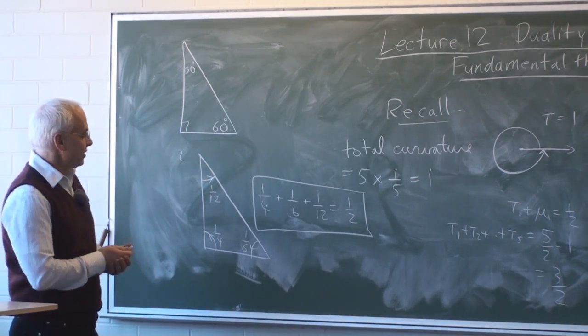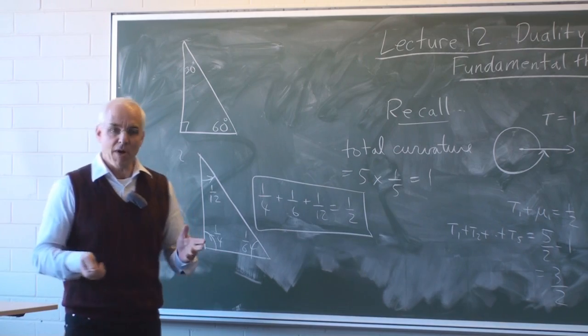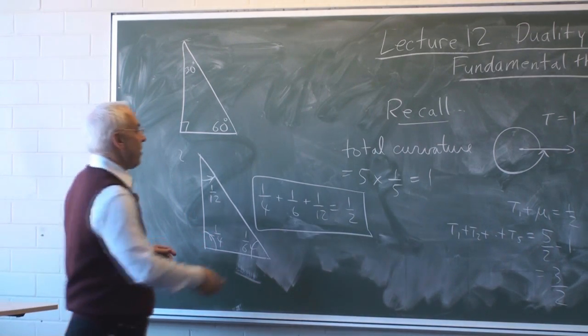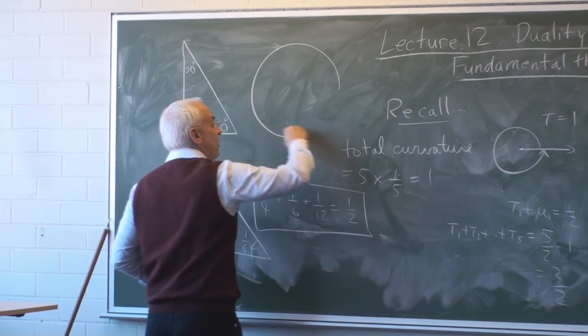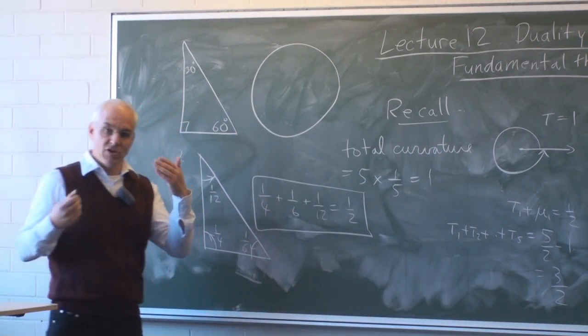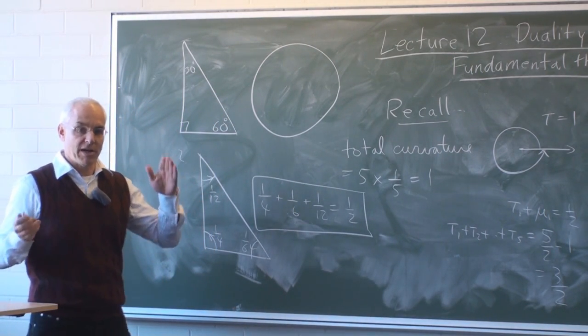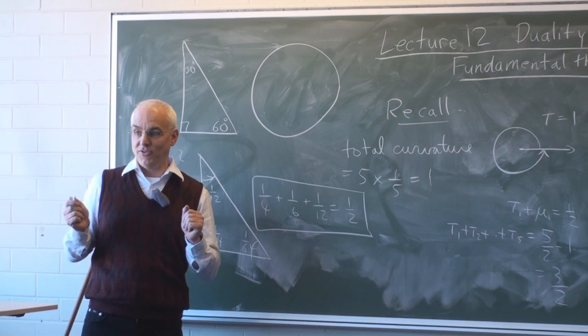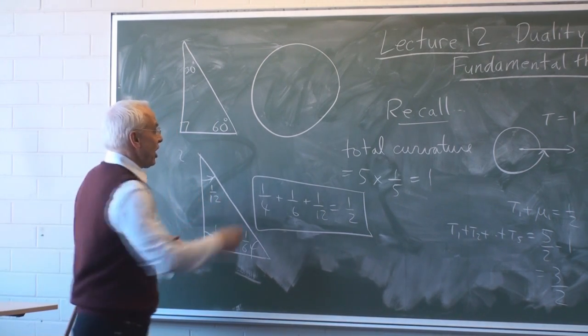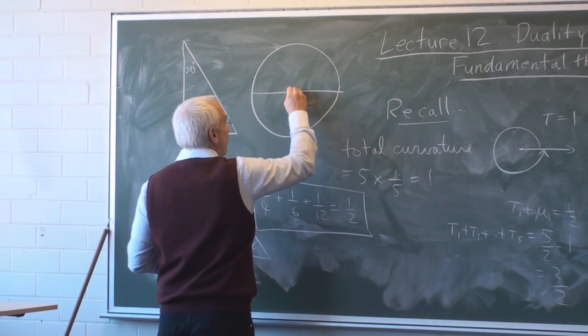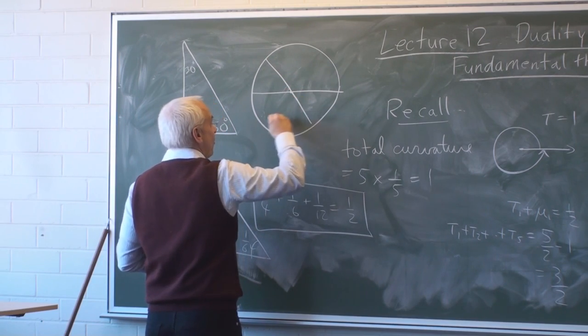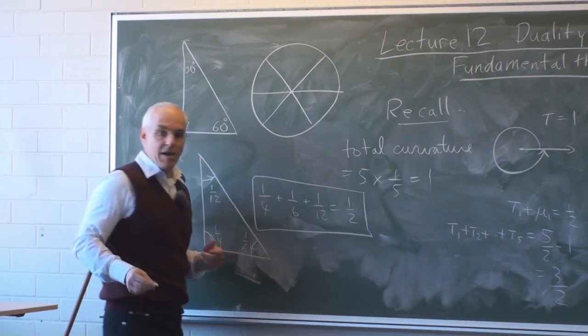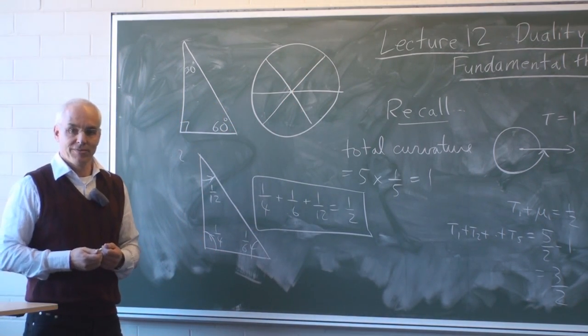And for those of you who teach young children, let me remind you that when children learn about fractions, one of the simplest ways that they can visualize what a fraction is, is by dividing a pie up into equal pieces. So if you want to teach a child what is 1/6, there's perhaps no better way than to divide a pie up into 6 equal pieces.